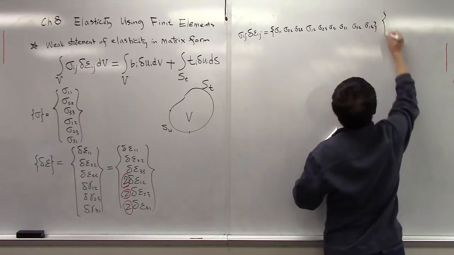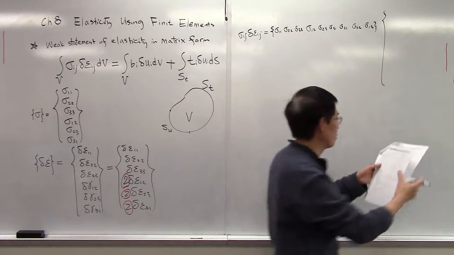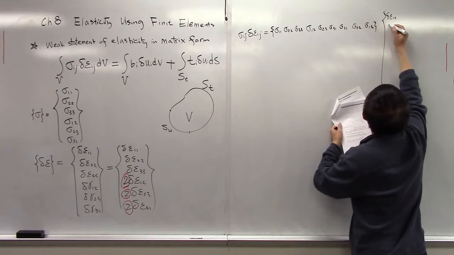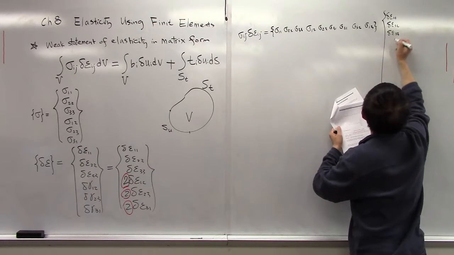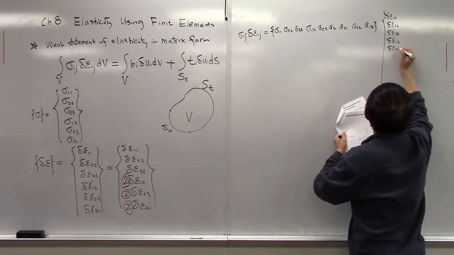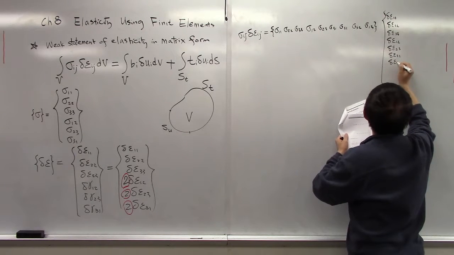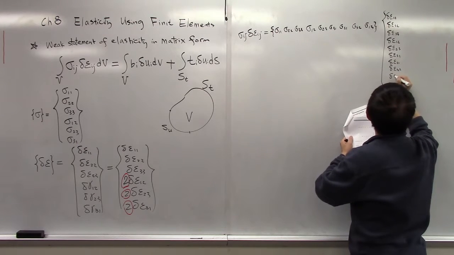Then it's going to be multiplied by a column vector which also has 9 components: delta epsilon 1,1, delta epsilon 2,2, delta epsilon 3,3, delta epsilon 1,2, 2,3, 3,1, delta epsilon 2,1, delta epsilon 3,2, delta epsilon 1,3.